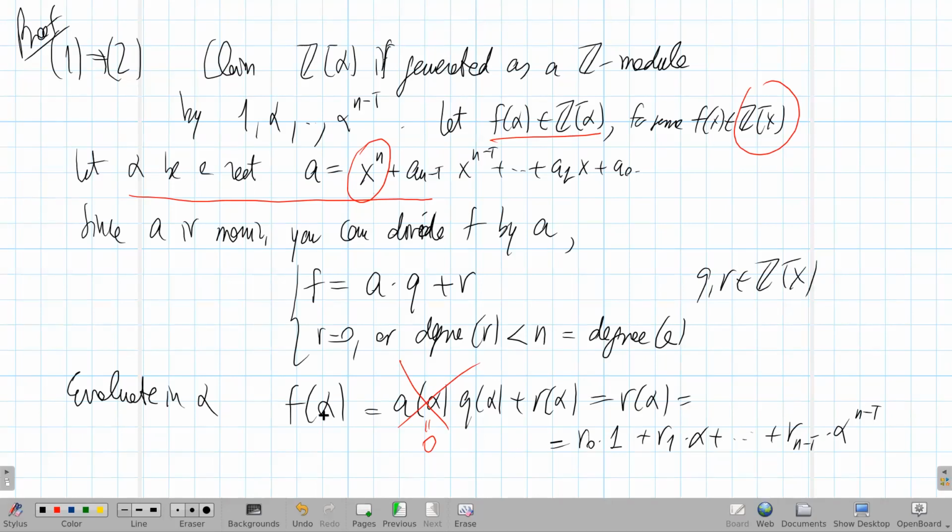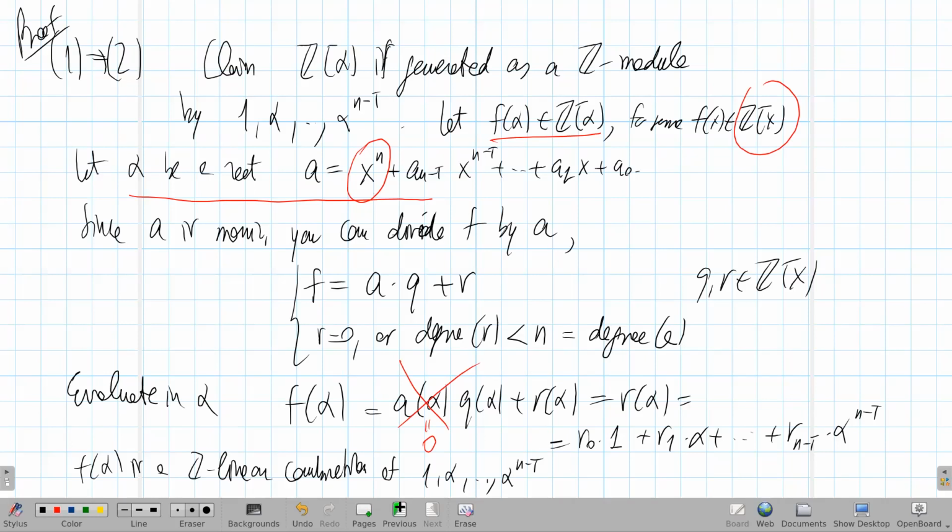So we have found that f(alpha) is a Z-linear combination of 1, alpha, ..., alpha^(n-1), as claimed. Just a matter of polynomials.